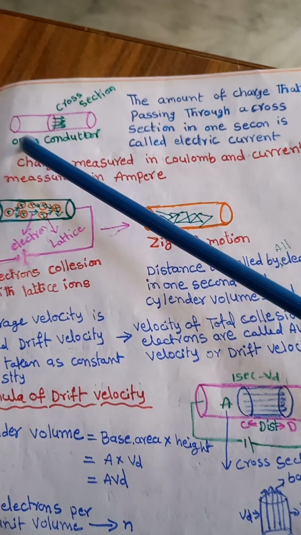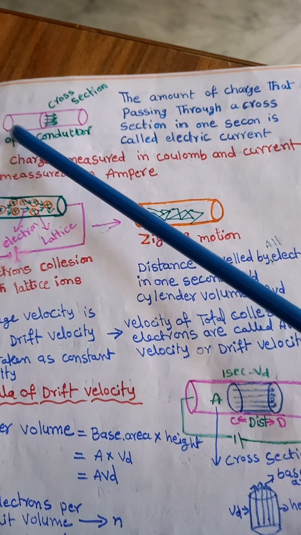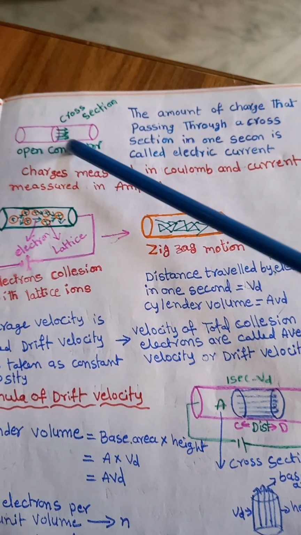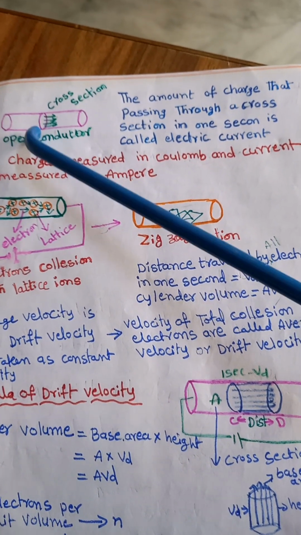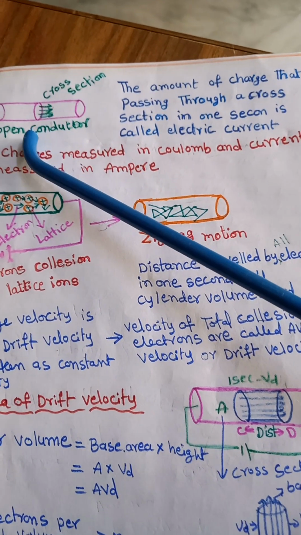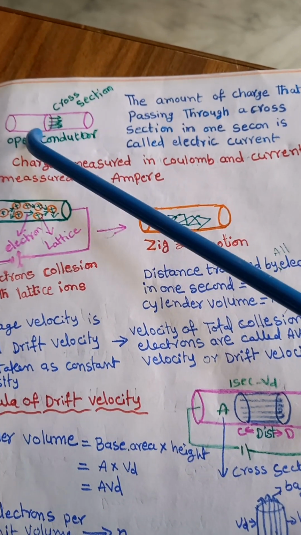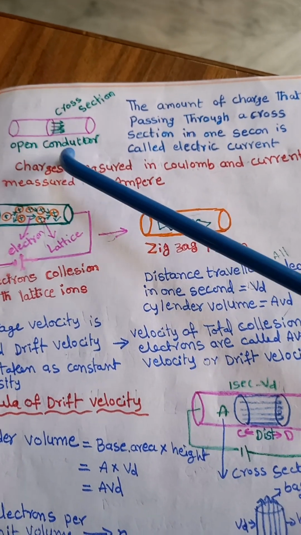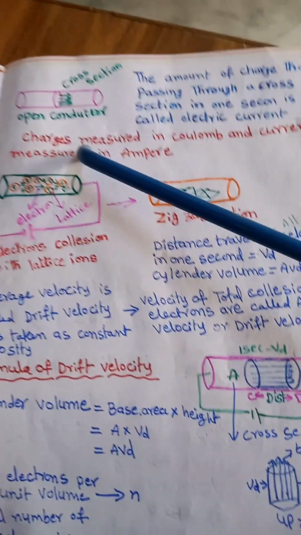The amount of charge that passes from one end of the conductor to the other end in 1 second is called electric current.